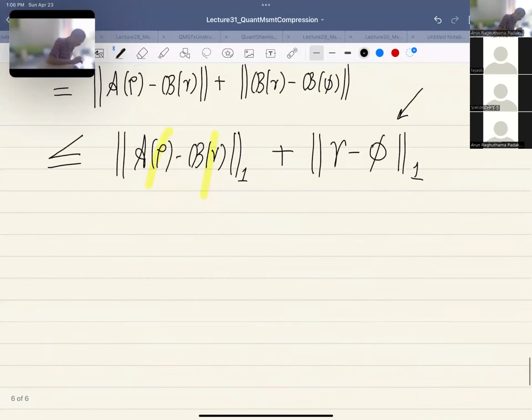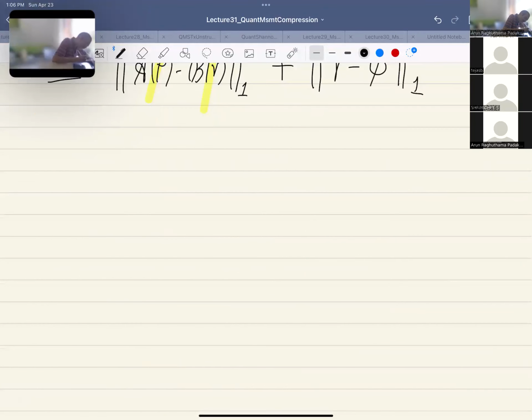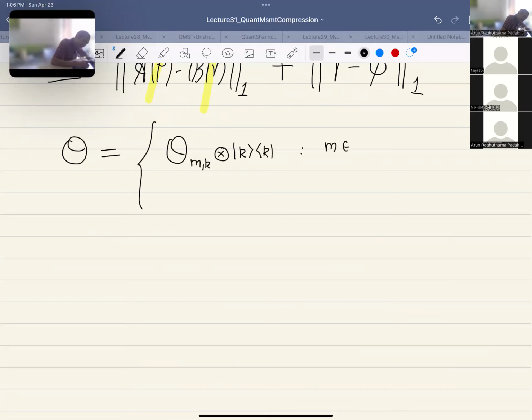So phi gamma, recall the POVM. The POVM is given like this, right? Theta is my POVM. So it has theta mk tensor kk. This is my POVM. What is theta mk?